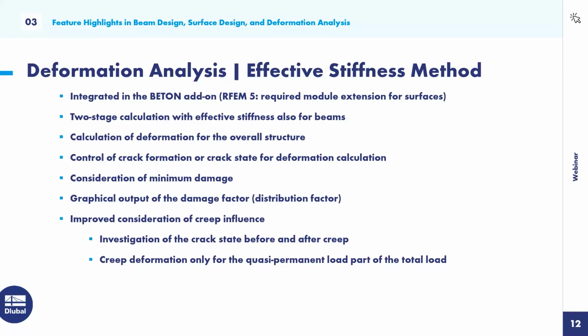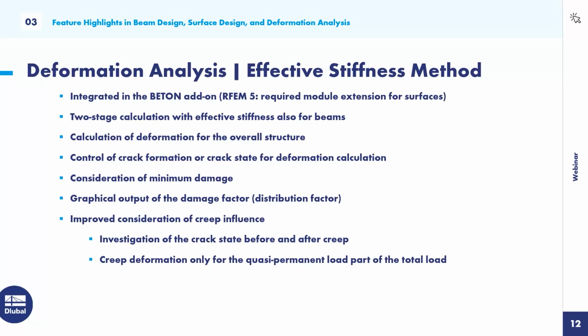So let us go to the next highlight, the deformation analysis. The deformation analysis, as I said on the first slide, is included in the add-on Concrete Design. This deformation analysis is based on the effective stiffness method, which is a two-stage calculation.